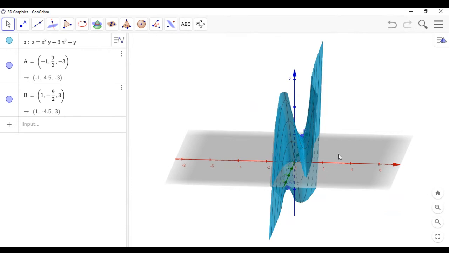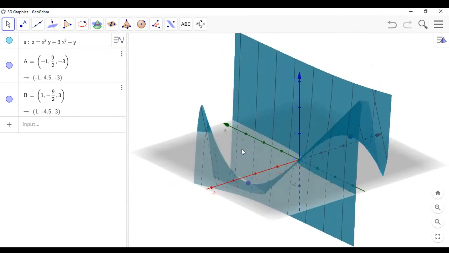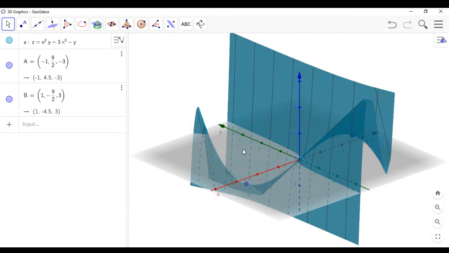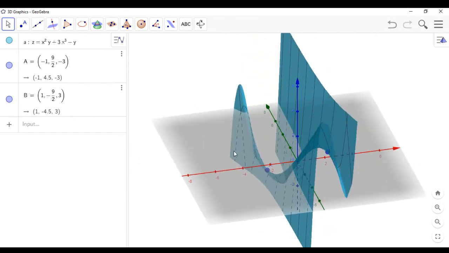It's a minimum in one direction and a maximum in another. So it's not really a true maximum or a true minimum. A true maximum would look more like the top of a mountain, maybe less spiky, but there would be an actual peak, and a true minimum would be like the bottom of a bowl where there's an actual point and all points around it are higher than it.